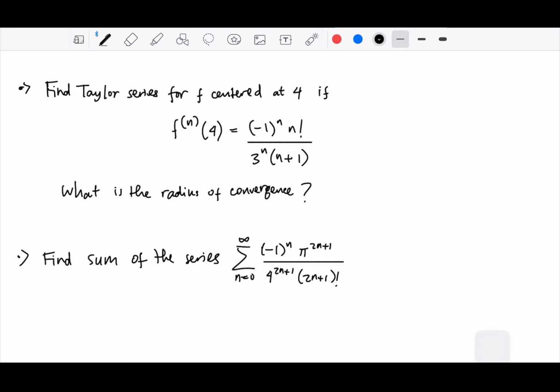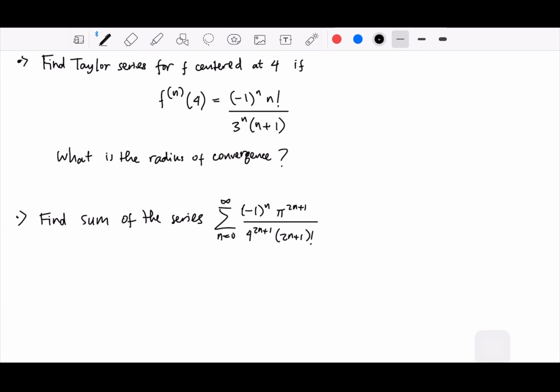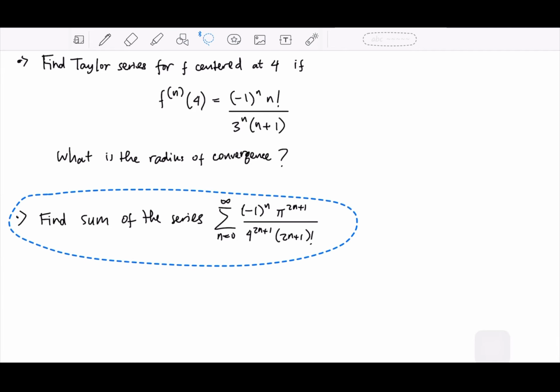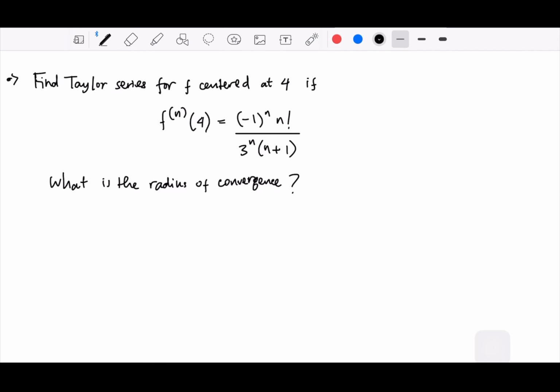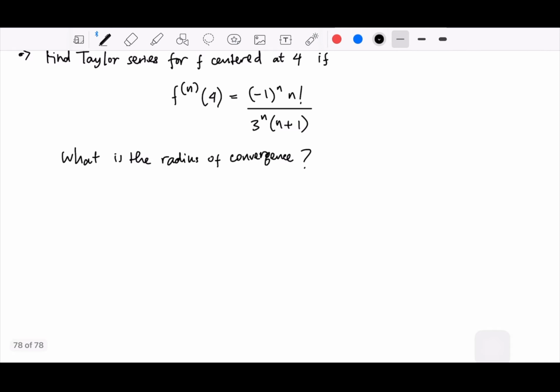Okay, now if you remember, let me write some review. Remember that we have the power series. Let me write with blue. We have the power series, or let me just write in terms of sum directly. So sum, this is Cn and x minus 4 with power of n, right?